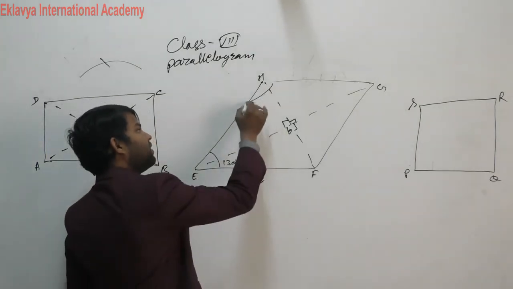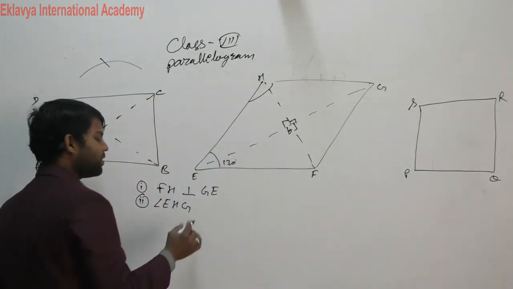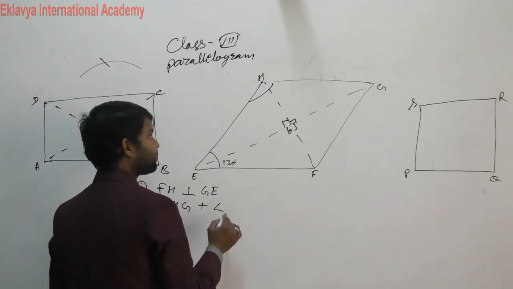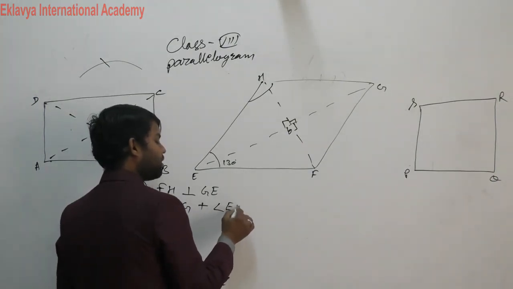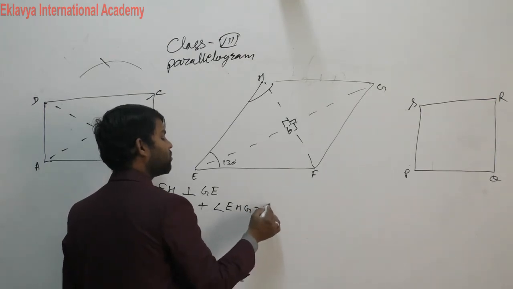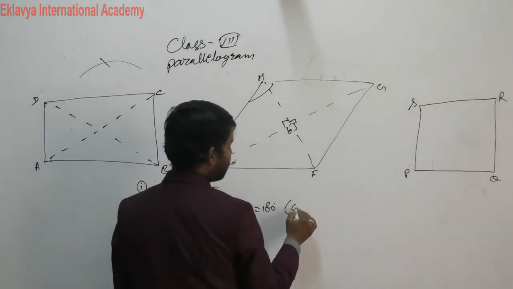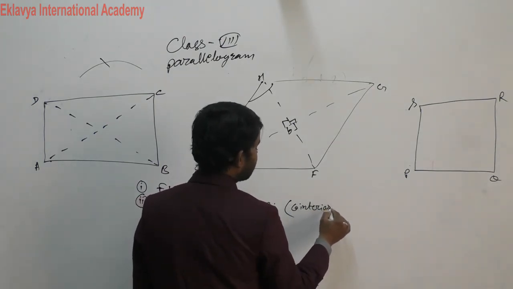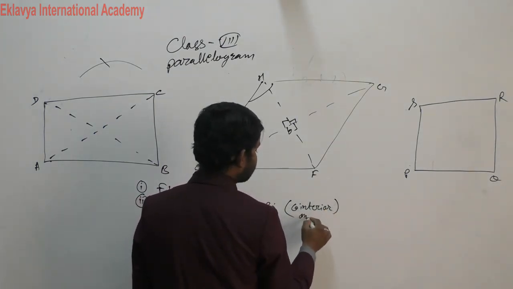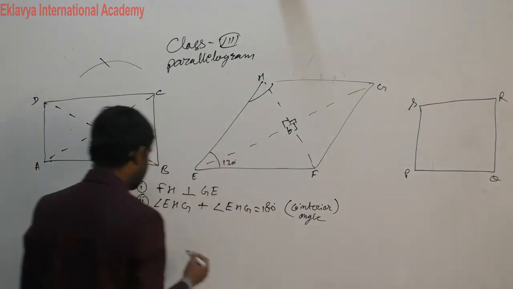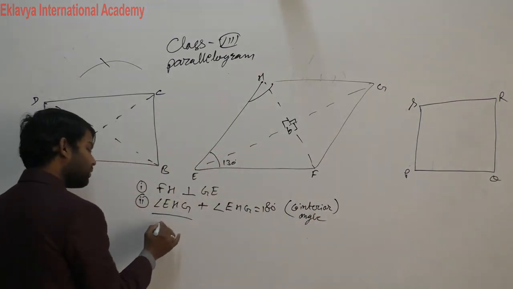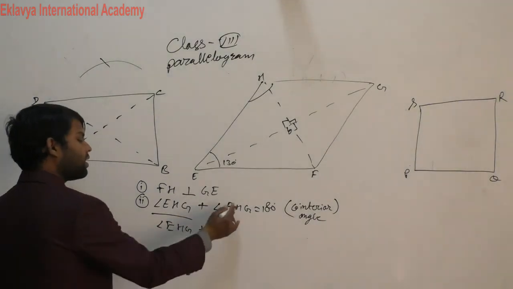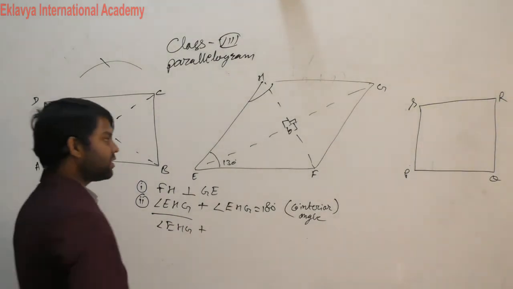Then the sum of this angle and this angle, angle plus angle EHG is equal to 180, co-interior angles. So we want to find angle EHG.